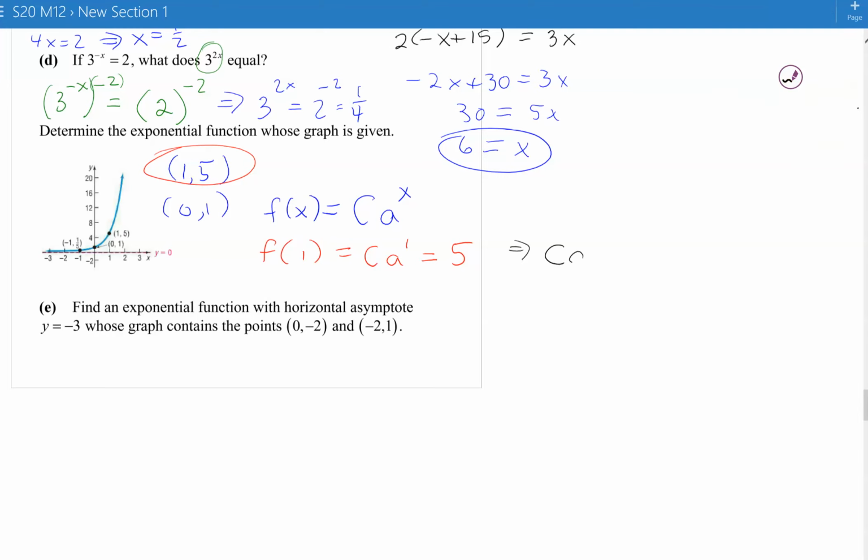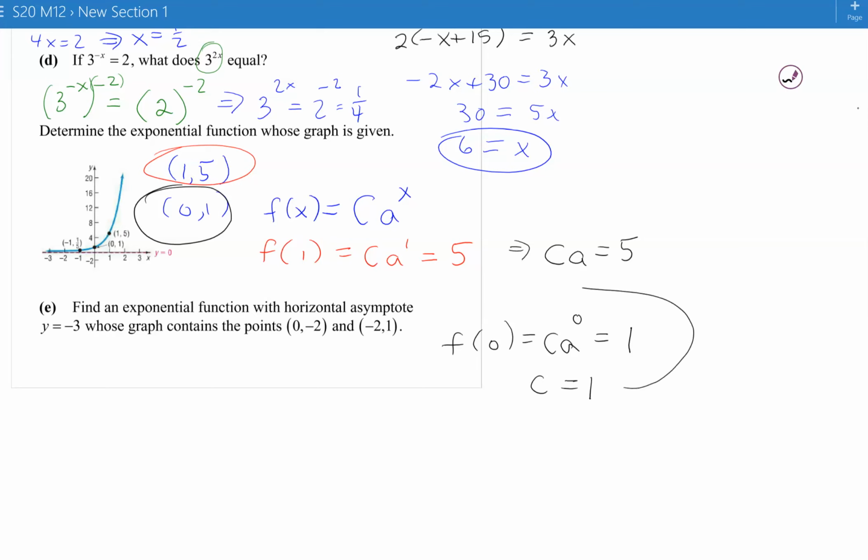So I know that c a has to be 5. Well, now let's use this information that f of 0 is c a to the 0, and that has to equal 1. So c equals 1. So then I know a equals 5, and f of x equals 5 to the x is the equation for that graph.